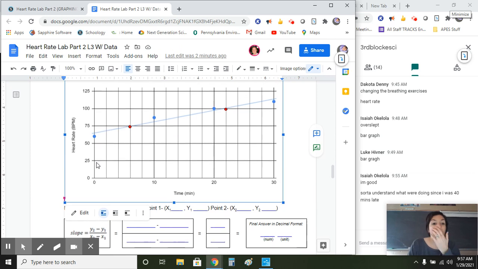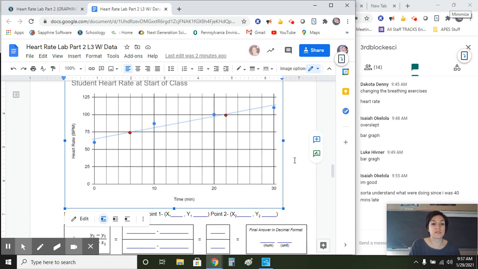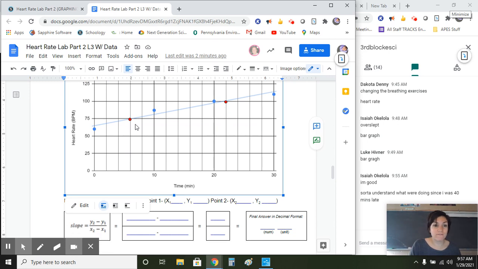All right, so I have these 2 points now. Boom, boom. They look awesome. They're on the blue line, our line of best fit, and they're going through these intersections here, which is helpful.